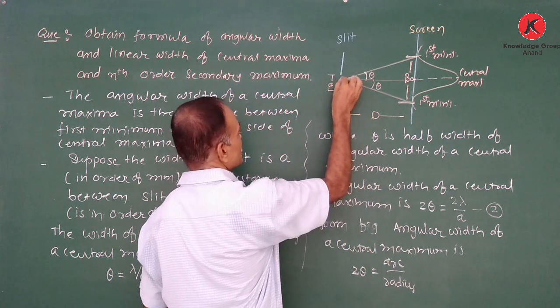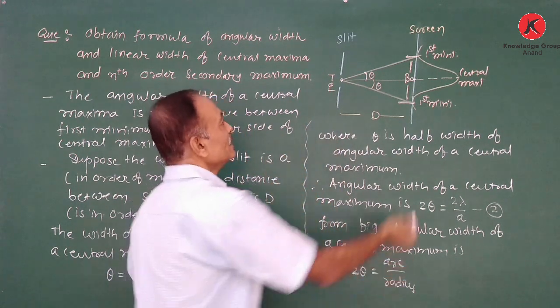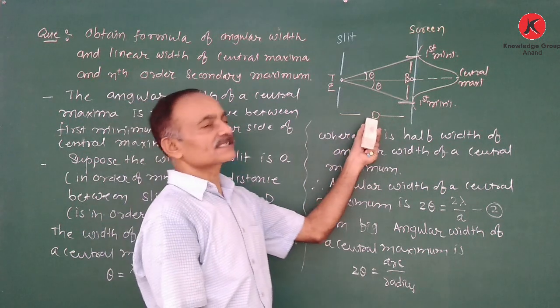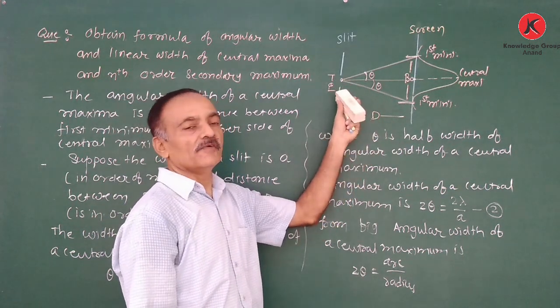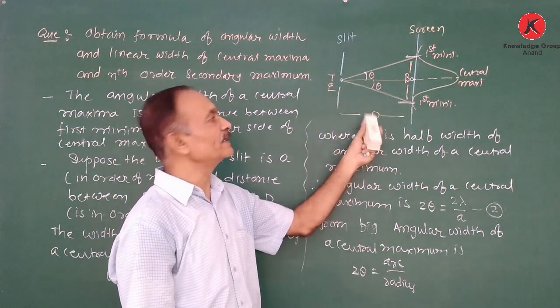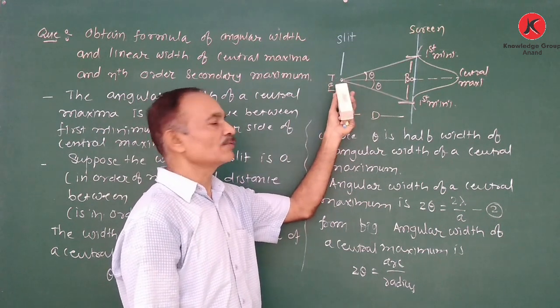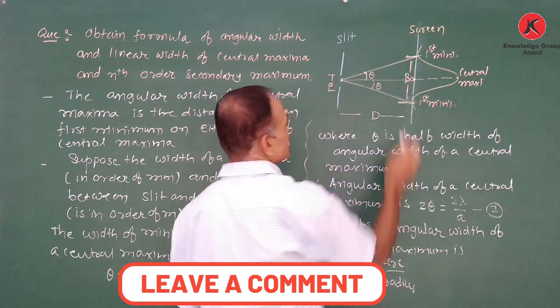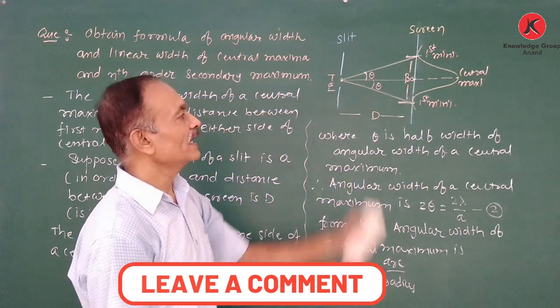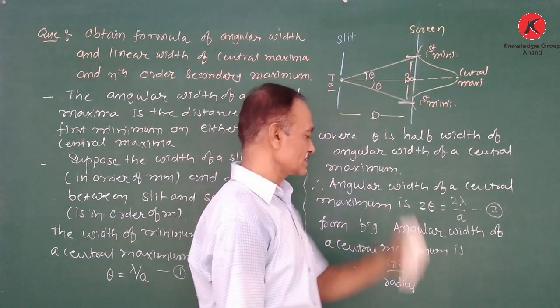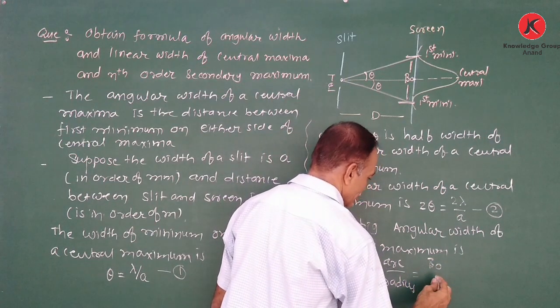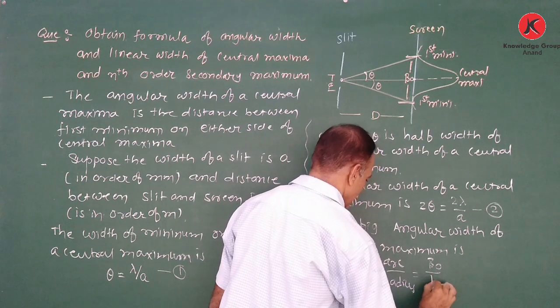Here we consider this point of the slit as a center, as we do for a circle. Actually here the distance D is very large compared to the width of the slit, that is in the order of meters, while the width of the slit is in the order of millimeters. Therefore, this portion is an arc, and the linear distance is beta 0 upon D.